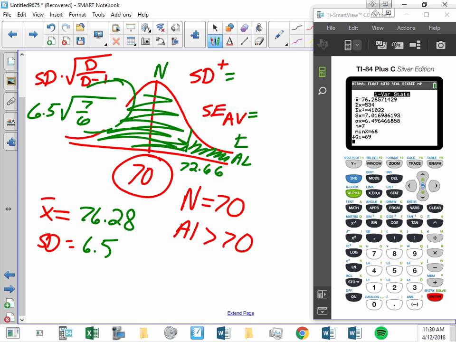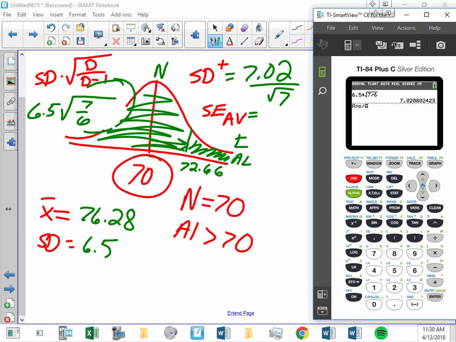So I take my SD, 6.5, and I multiply it by the square root of 7/6. And my SD plus is 7.02. Now how do I create my SE average? Divide this by the square root of 7. And I get 2.65. That's my SE. Now what?